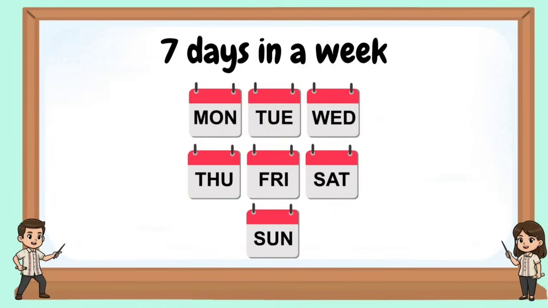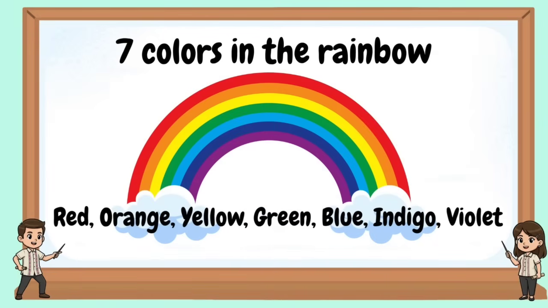7 days in a week. We have Monday, Tuesday, Wednesday, Thursday, Friday, Saturday, and Sunday. 7 colors in the rainbow.